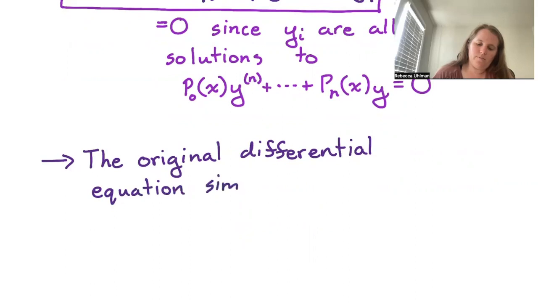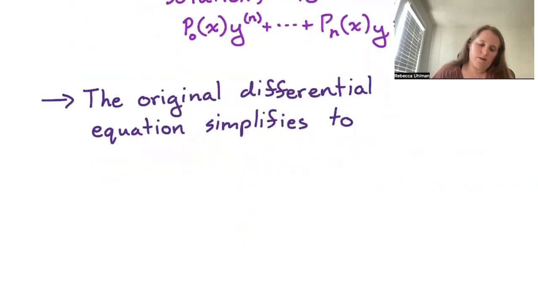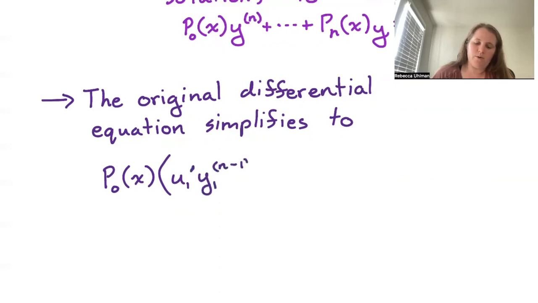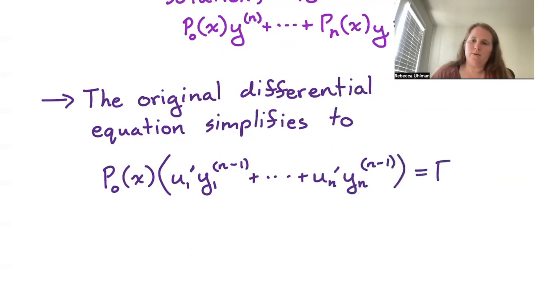simplifies to p0 of x times u1 prime times the n minus first derivative of y1 plus all the way down to un prime times the n minus first derivative of yn equal to f of x.